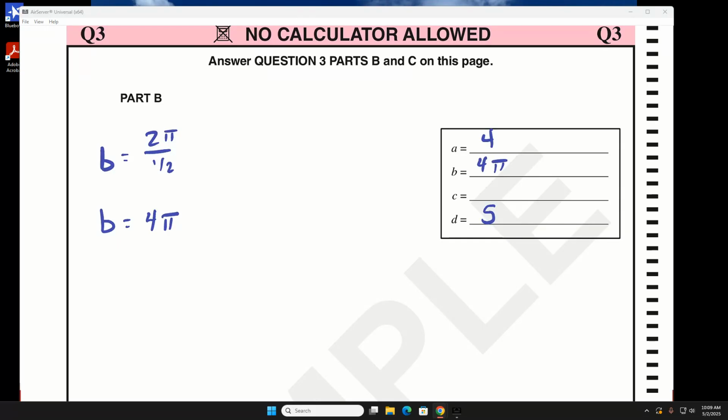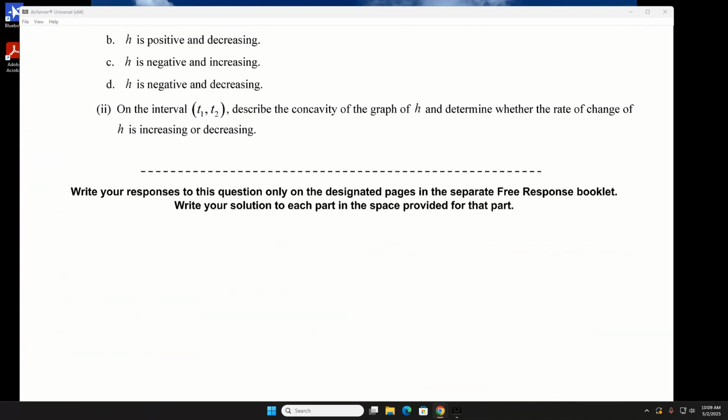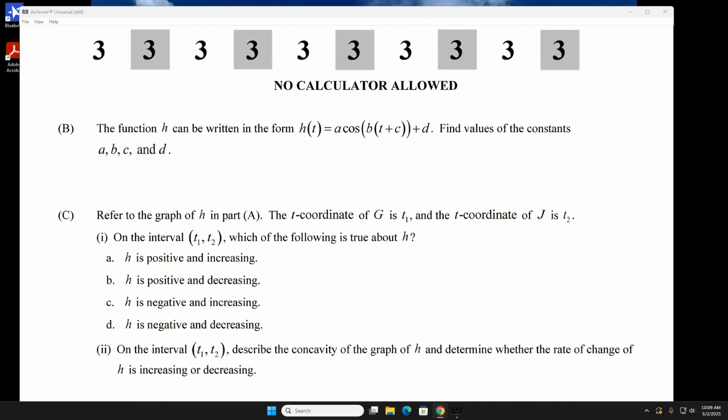All right, I kind of skipped over this one. I should have read the question, but this one is cosine. So it tells us it's still a sinusoidal function. Cosine and sine are sinusoidal, but we want to do cosine, which is easier.